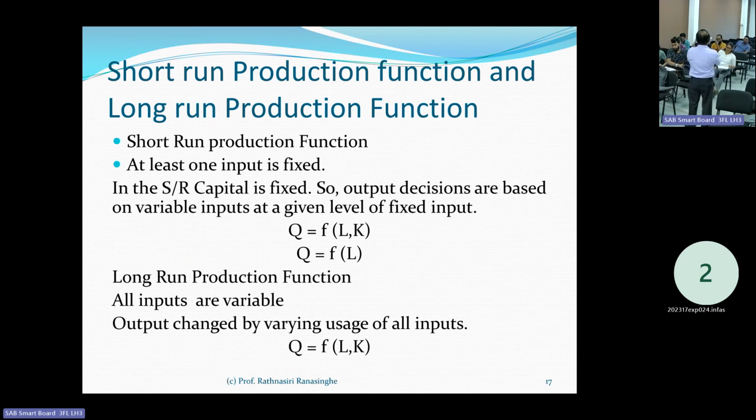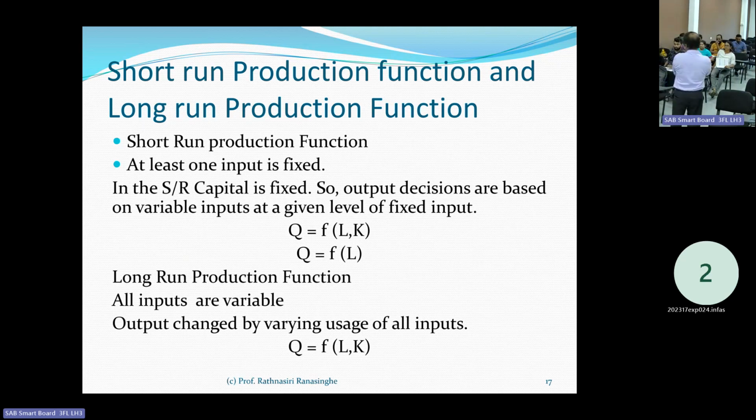By adding labor and other factors, right? But the fixed factors are constant, so we cannot change them in the short run. Immediately we cannot change all these factors. Therefore, we need to take the production decision in the short run by adding the variable input.